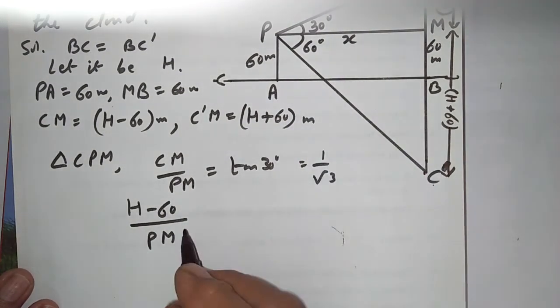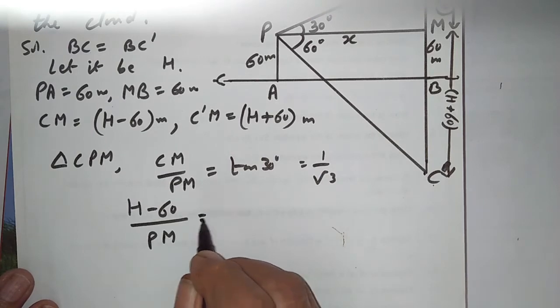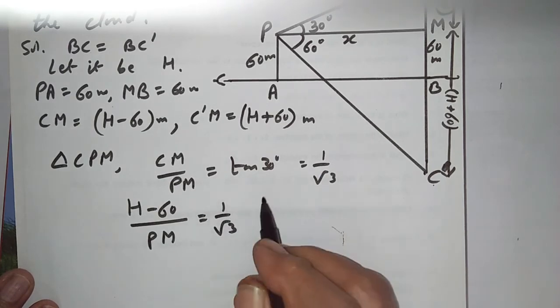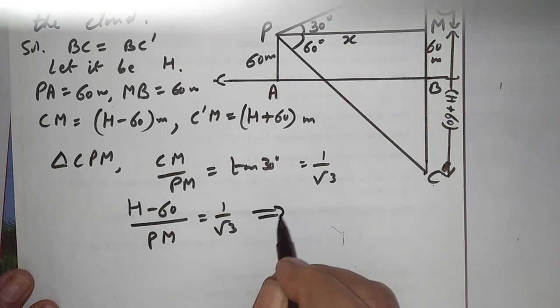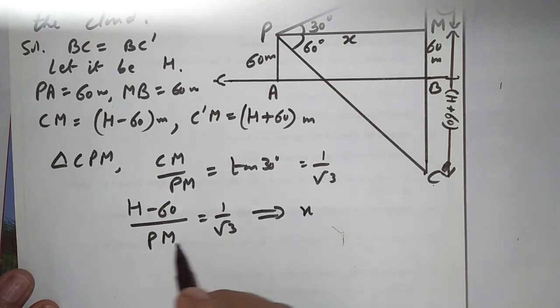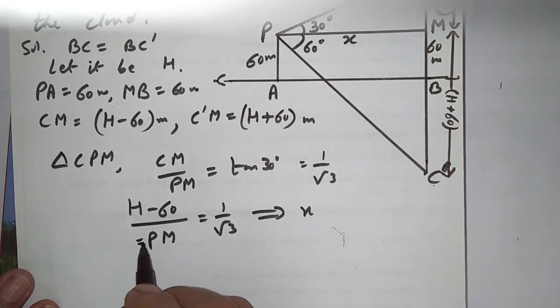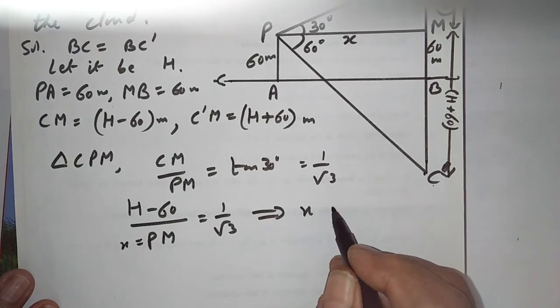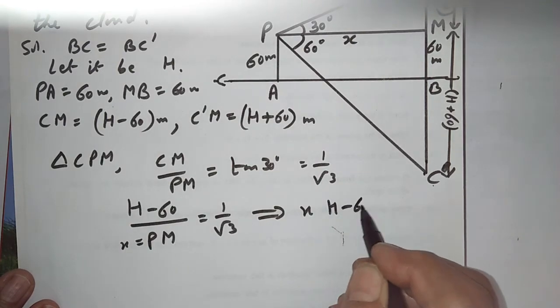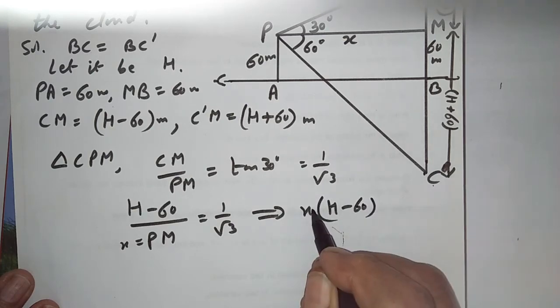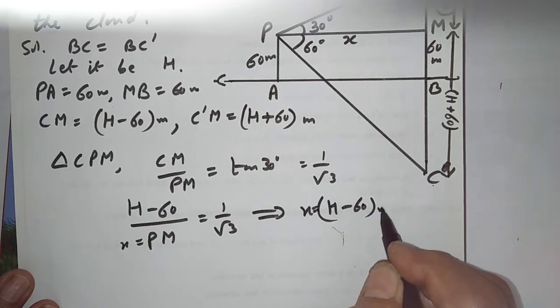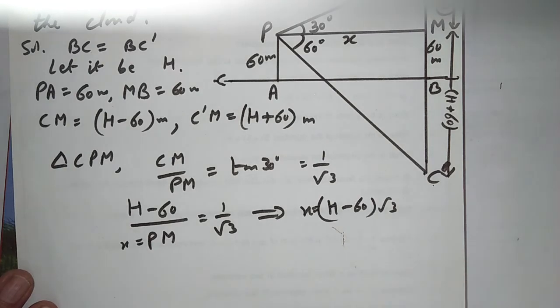So from here you get x is equal to H minus 60 into root 3.